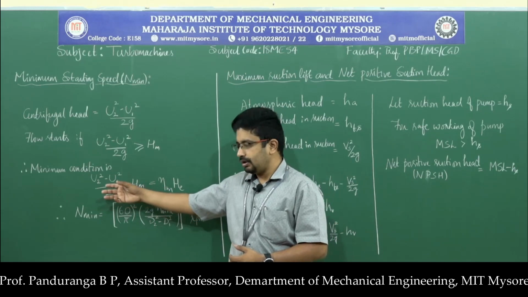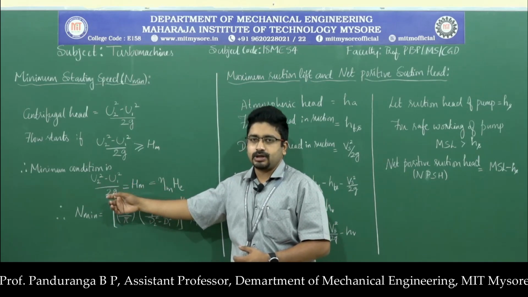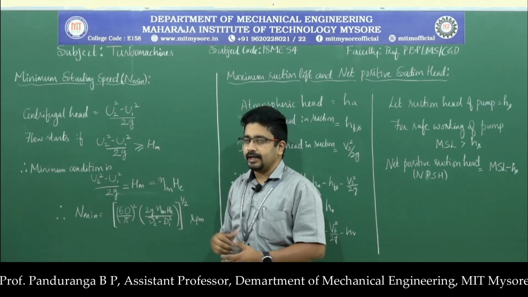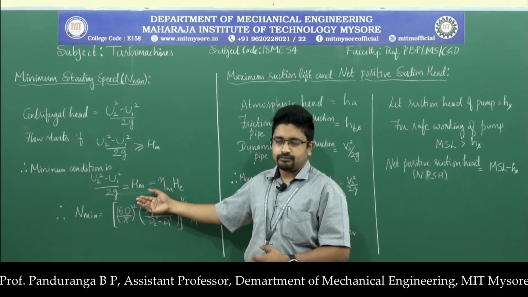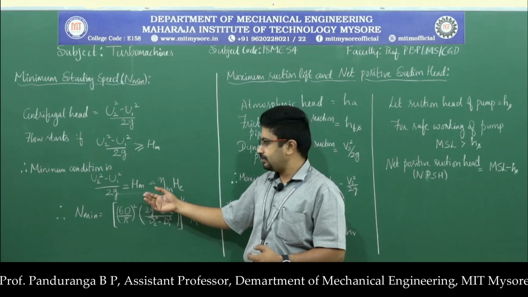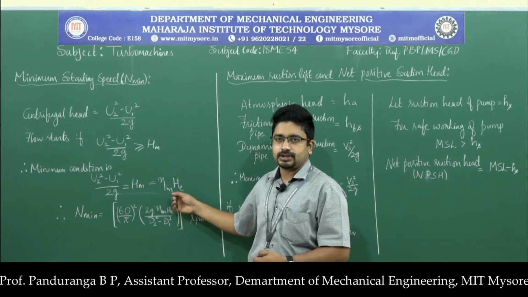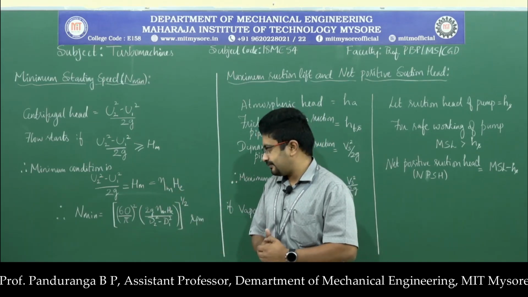If you remove the losses, then we will get the manometric head. So U2 square minus U1 square divided by 2G, which is the centrifugal head, should be at least equal to the manometric head, which is the actual head developed by the pump, equal to manometric efficiency into Euler's head.